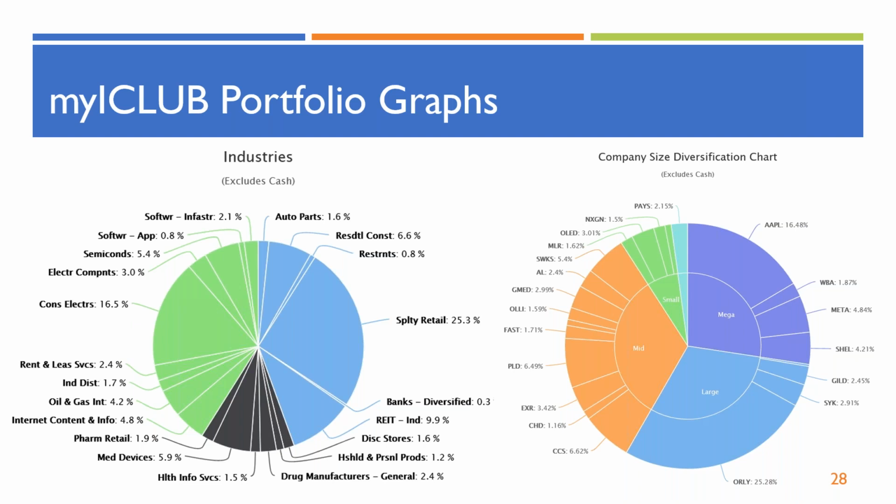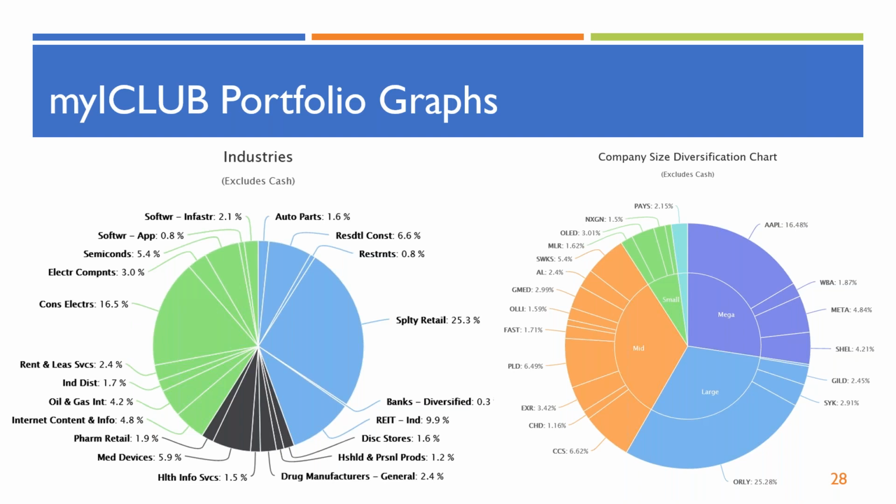So this portfolio has companies of all sizes, but it doesn't come close to matching the better investing guidelines. There are too few small companies and too many mega and large companies and not enough mid-sized companies to be appropriately diversified.